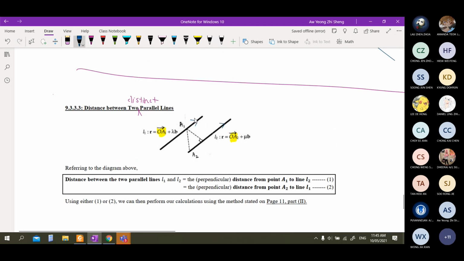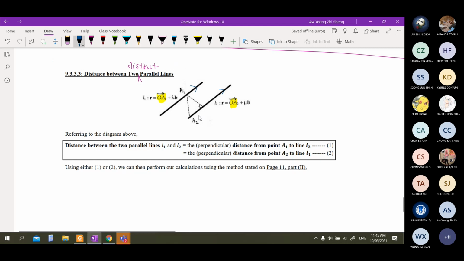Okay. Now let's carry on with this distance between two parallel lines. A1 and A2 are points on L1 and L2 respectively, which you can read from the line equation. Now, let's say I have my L1 and L2 like this.